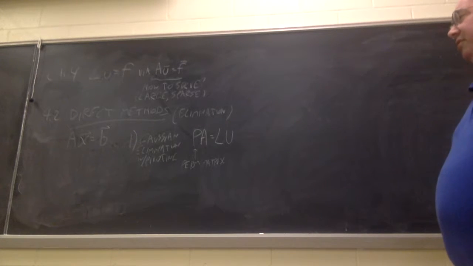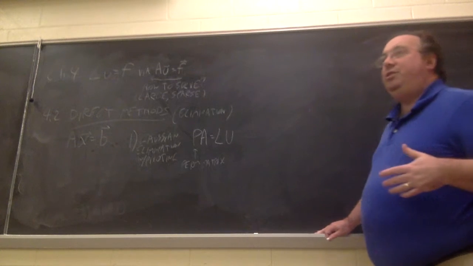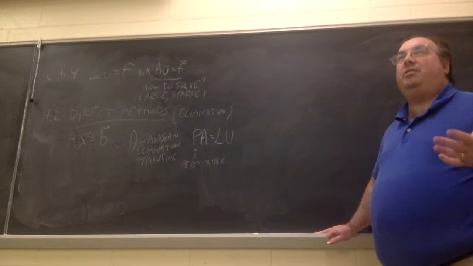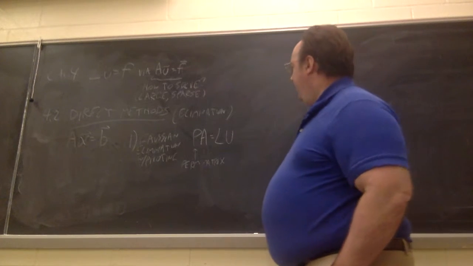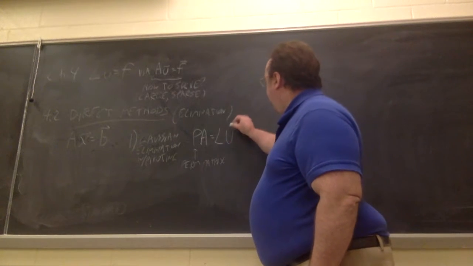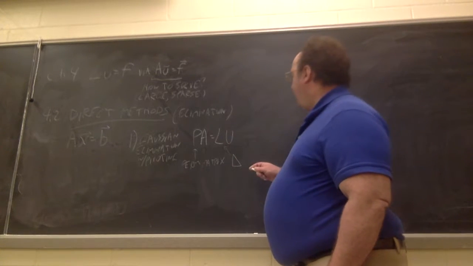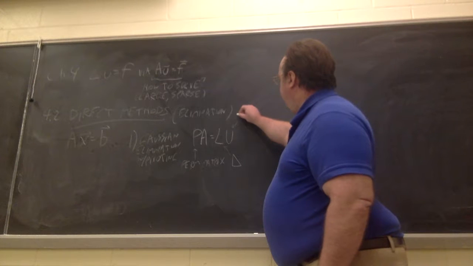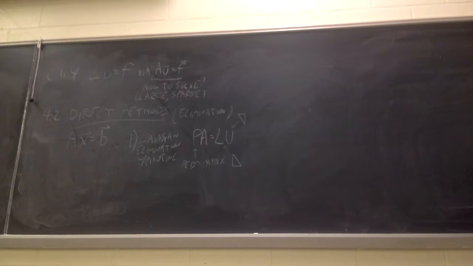So you avoid dividing by 0, but here they're also intended to reduce the accumulation of round-off error. So even if it's not absolutely necessary to interchange, partial pivoting still does. And then L is my symbol for a lower triangular matrix, and U is an upper triangular matrix, because triangular systems are far easier to solve.